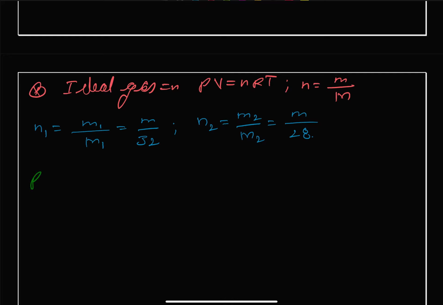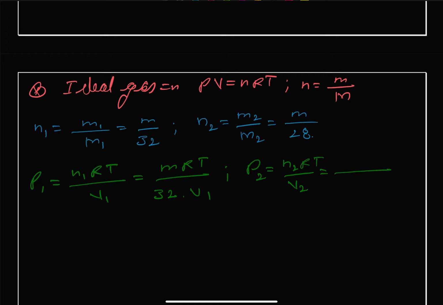So we can say our P1 will be equal to N1RT1 divided by V1, which gives us MRT divided by 32 times V1. Similarly, we can write our P2 will be equal to N2RT divided by V2, which gives us MRT divided by 28 times V2.